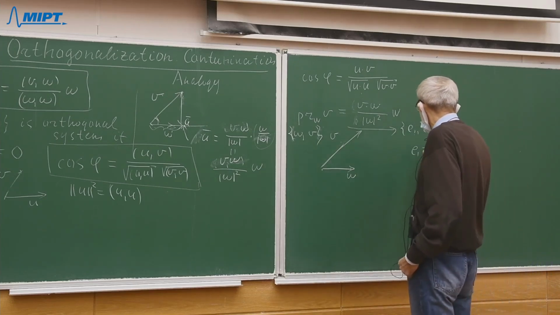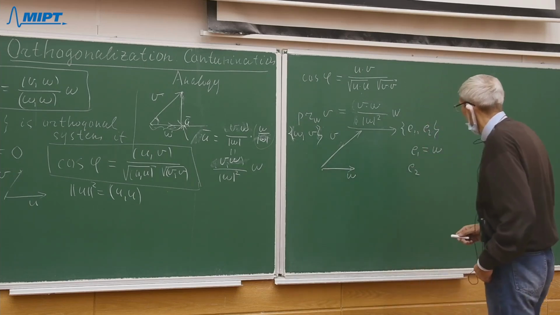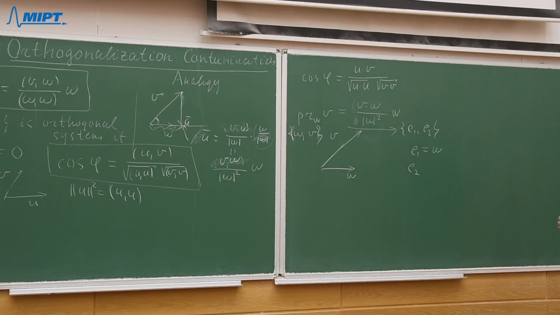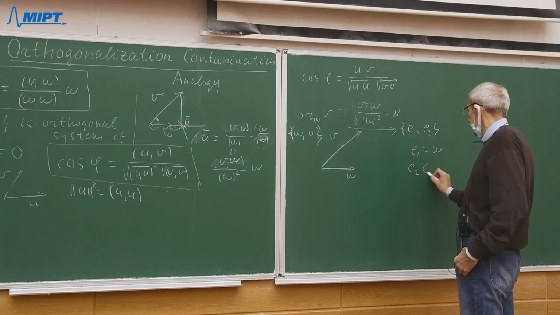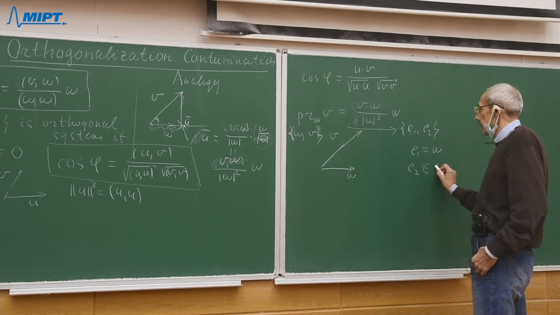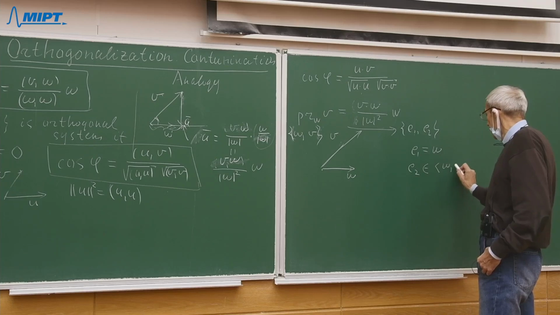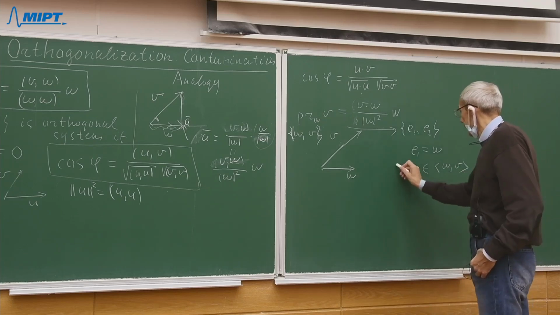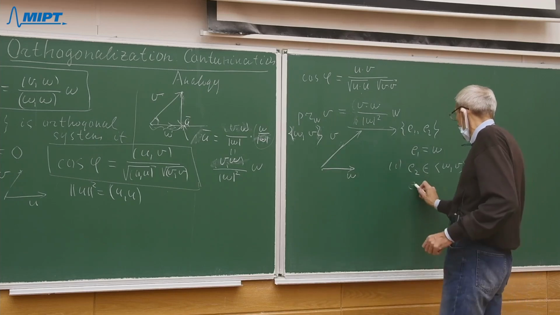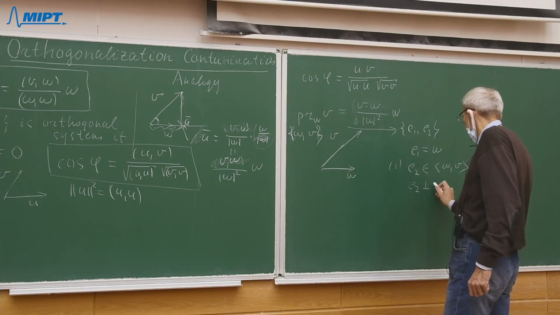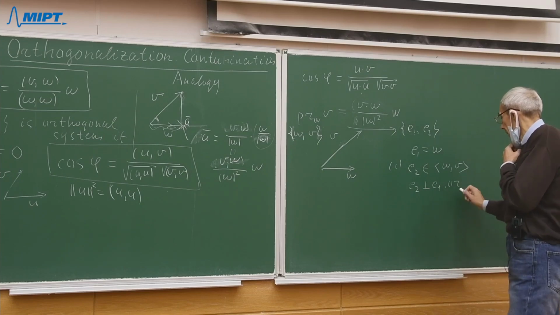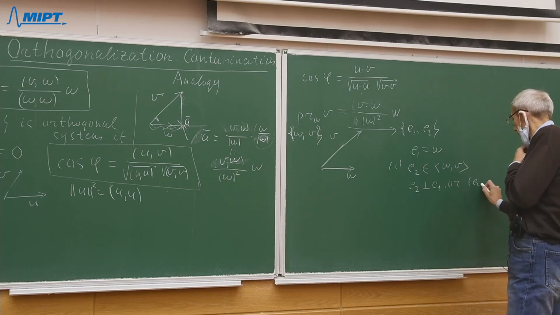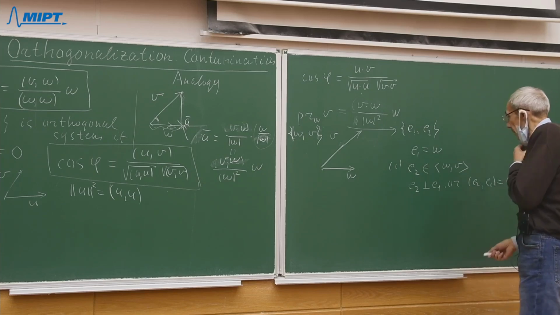And let's construct some vector e2 which is defined by the following two conditions. First condition, this vector belongs to the linear span of the vectors w, v. And second condition, e2 is orthogonal to e1, so the scalar product of these vectors is equal to 0.